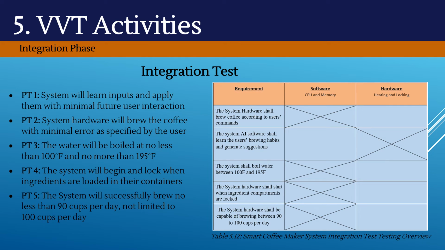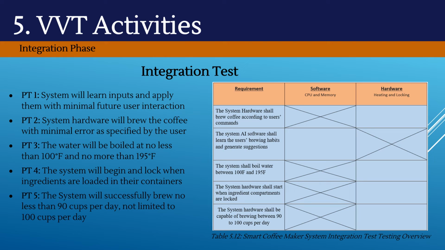This is an example of our integration test for the smart coffee maker system. Basically, it's to test the coffee maker's ability to perform its primary functions and all actions that come with the test, from the hardware behavior to the success rate that the coffee maker needs to make the intended task.